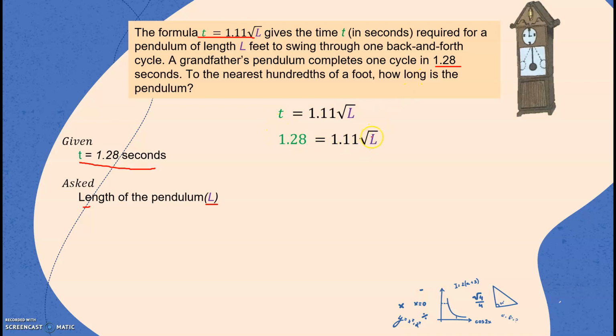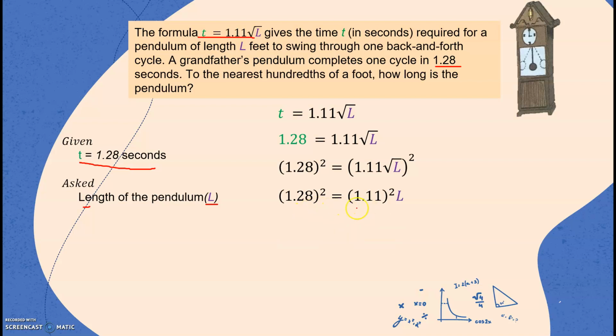So that we can get rid of this radical symbol, we have to square both sides. So what happens is, you square this, 1.11 squared, and the radical on the other side cancels. If you notice, I did not square it yet, because some, when they square it, round it off to the hundredths place. So I did not square it yet because it would get long. When you square it and round it off, the value of L will vary. So that is why, if it is like this, you get the approximate but it is close.